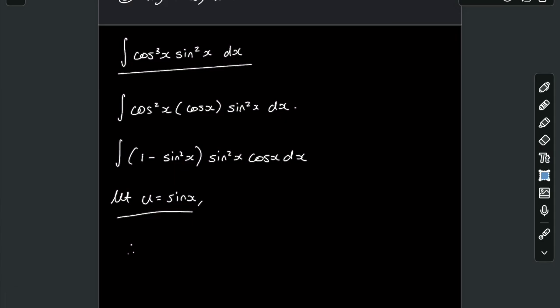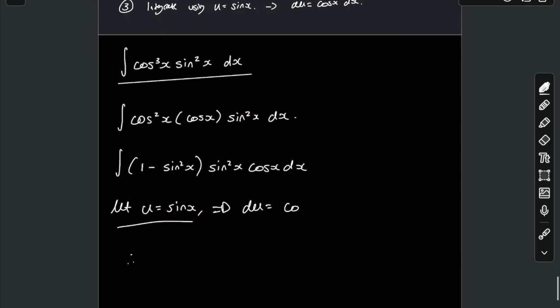If I let u equal sin x, that means du is equal to cos x dx, which is this.